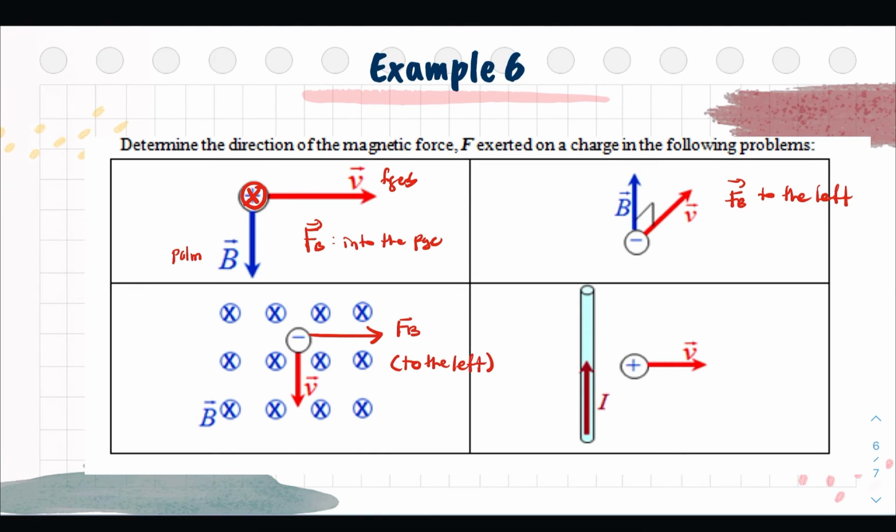Okay, and this one I akan dapat B. So B dekat sini, right hand grip rule. So this one you akan dapat B into the page. So velocity ke sini. So force saya akan dapat upward. So later, this part, kalau you kurang jelas lagi, I will explain more dalam kelas.